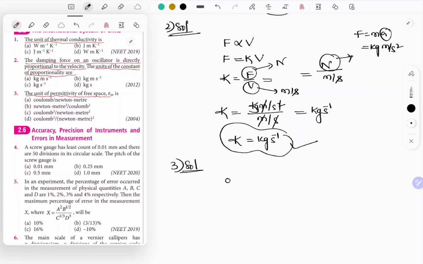Let's say two charges q1 and q2 are separated by some distance r in an air medium.